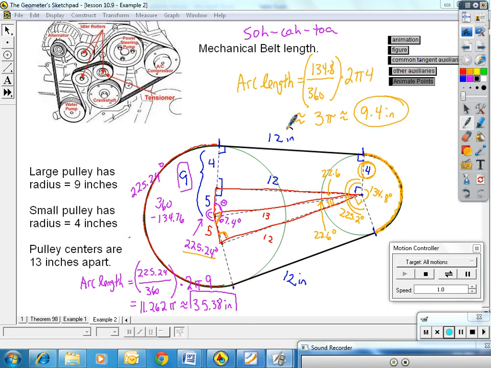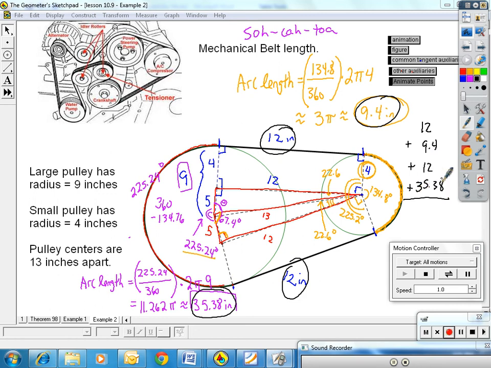Sum them all up. 12 plus 9.4 plus 12 plus 35.38 is 68.78 inches. And that's what the manufacturer needs to make.